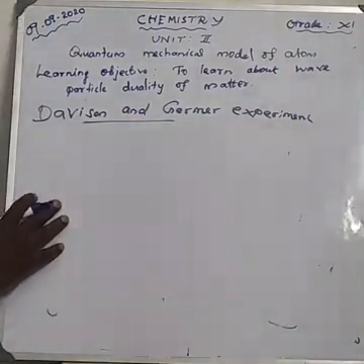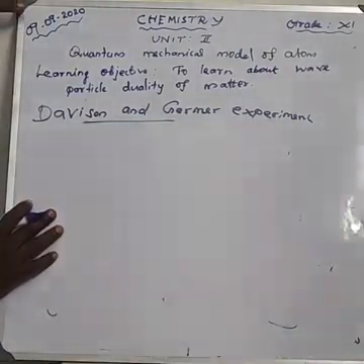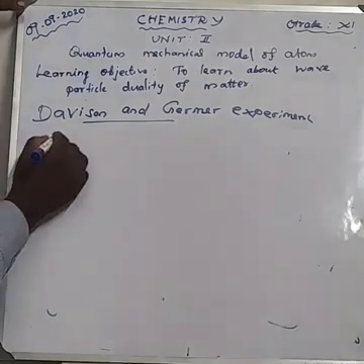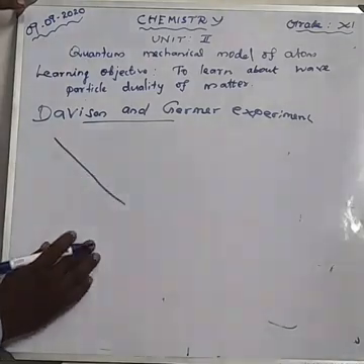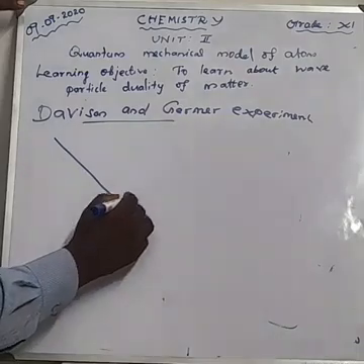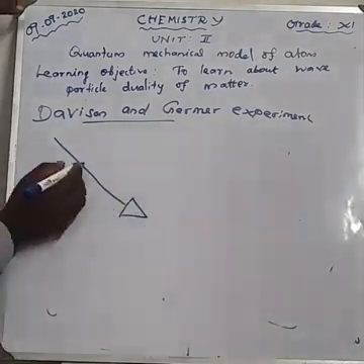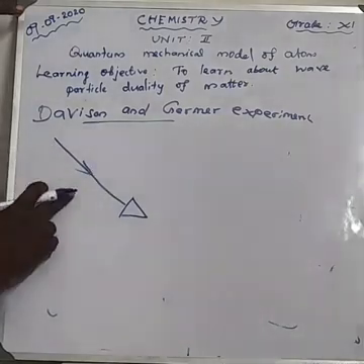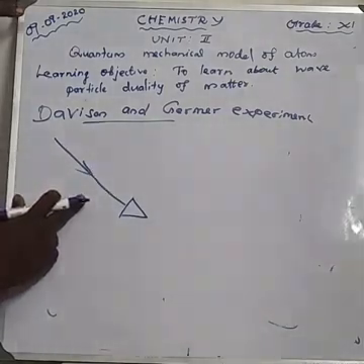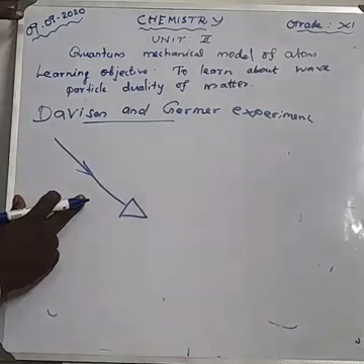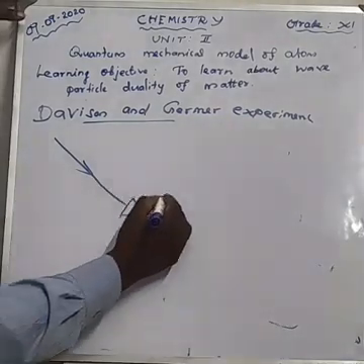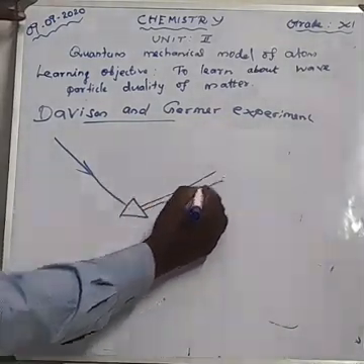When a beam of electrons is allowed to fall on a nickel crystal, the electrons are scattered in different directions.